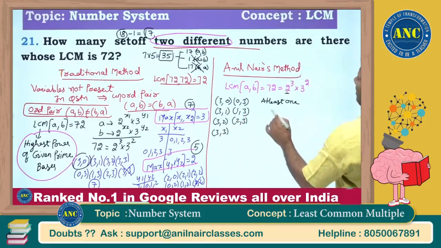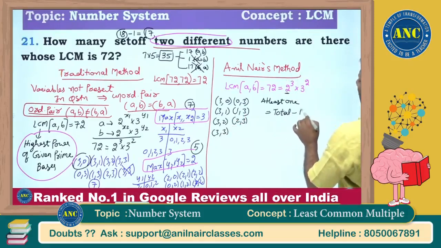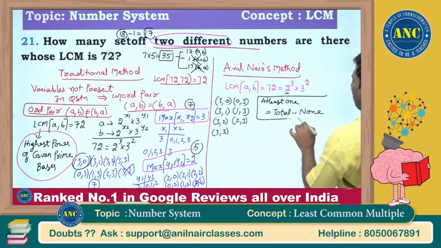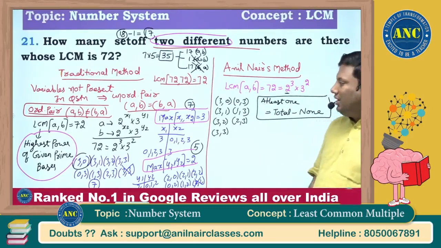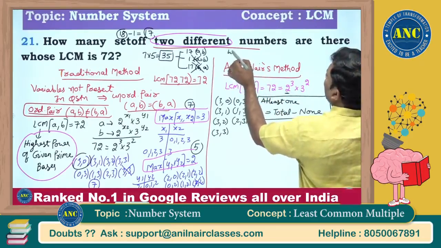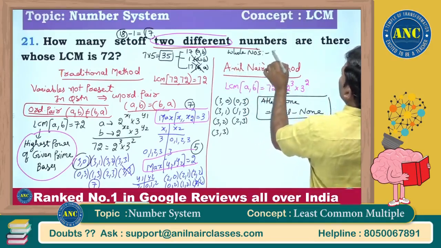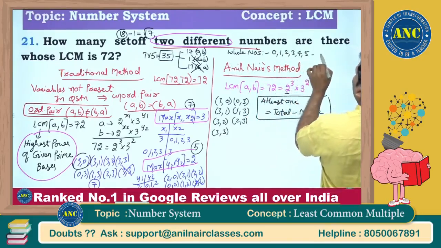At least one is nothing but total minus none. Listen carefully, sir. If you understand this negation approach, the answer will be in a single step. Suppose the whole numbers are defined as 0, 1, 2, 3, 4, 5.